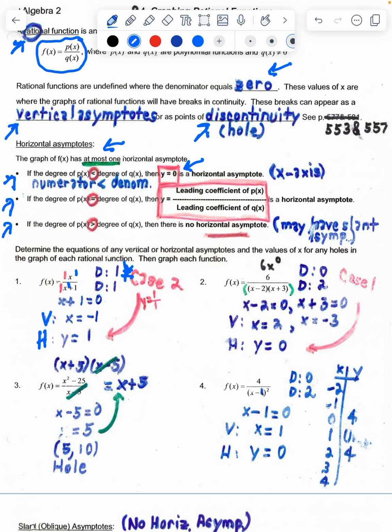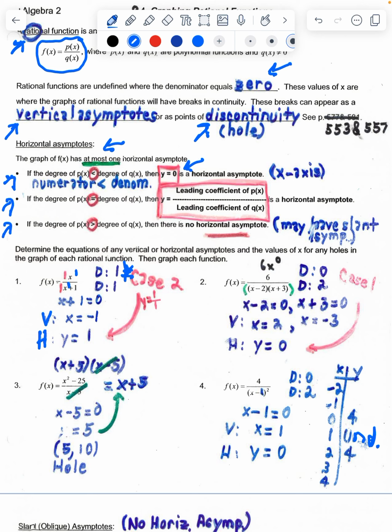Notice I'm giving you the start of a table where x equals 1 is undefined here, but I'm testing values on either side. It's really easy for me to test, like if I put in 0 for x, 0 minus 1 is -1 in the denominator, squared is +1, so y becomes +4.